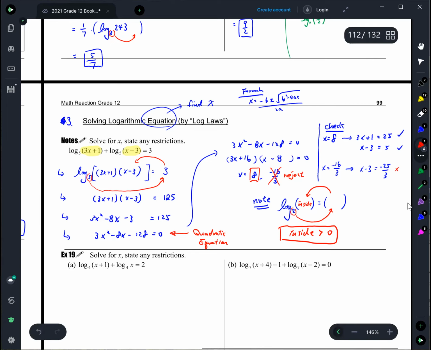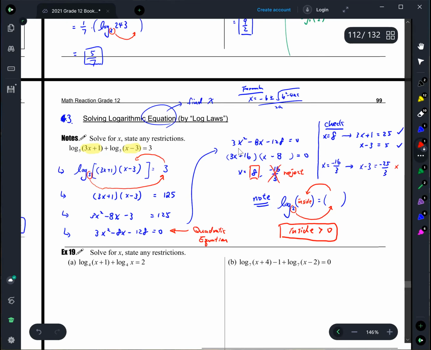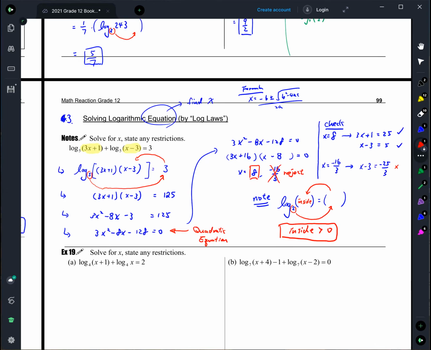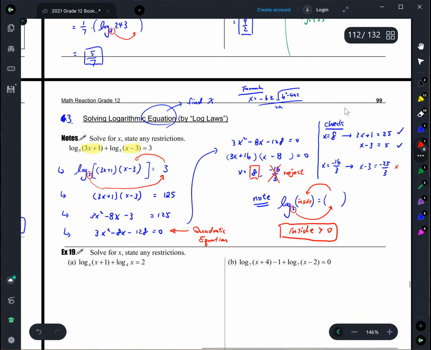All right, can you raise your hand if you understand how to check? So remember to check your answers always. Eric, Marcus, and Wayland, any questions about checking the answers?